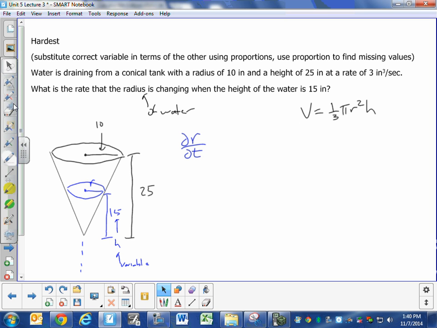I'm going to do the volume of the water here instead of the volume of the cone. So I'm not going to be able to plug in 10 or 25 because those are fixed values, whereas the height and the radius of my water that is draining, that's changing. So if I took the derivative of this, let's see what happens.